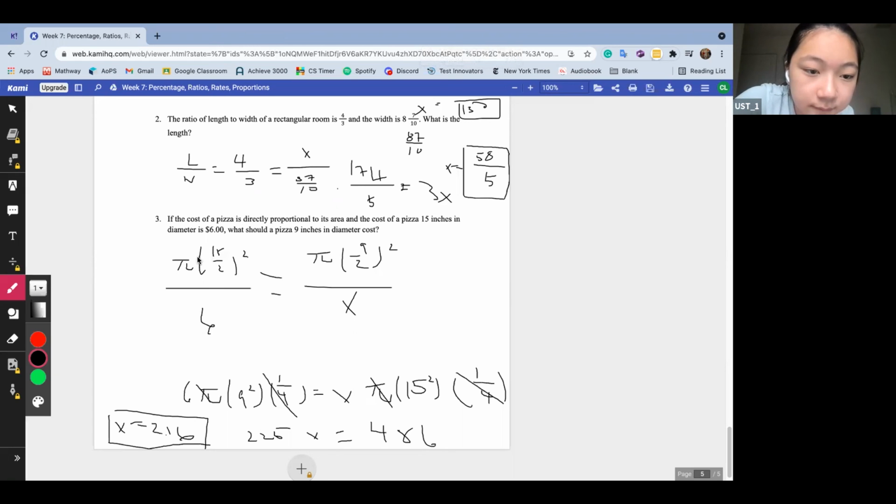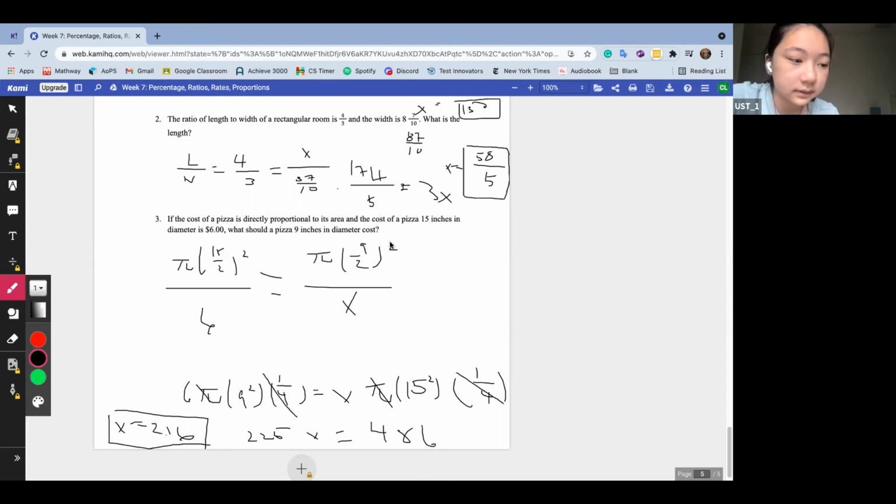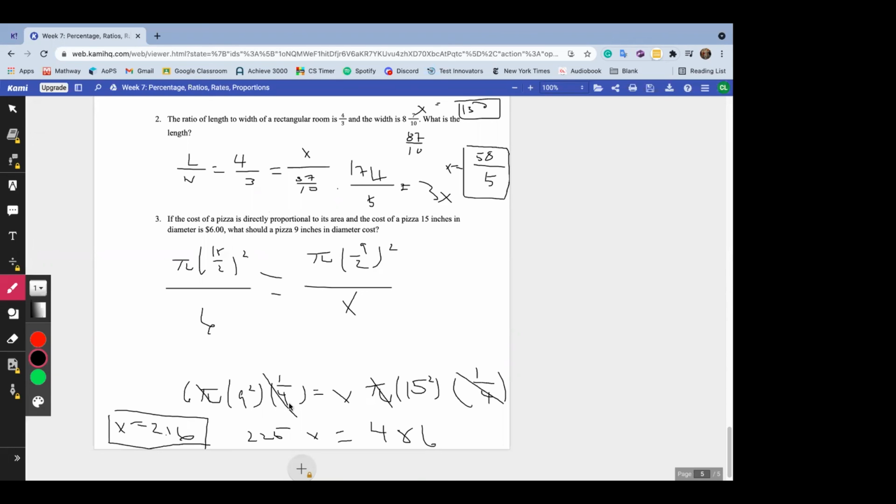We can divide both sides by pi to cancel out the pi, and then multiply both sides by 4 to get rid of the fractions. Or we can multiply both sides by 6x. Oh yeah, that would also work. And you would get this equation over here.